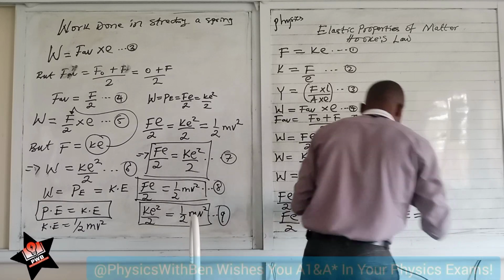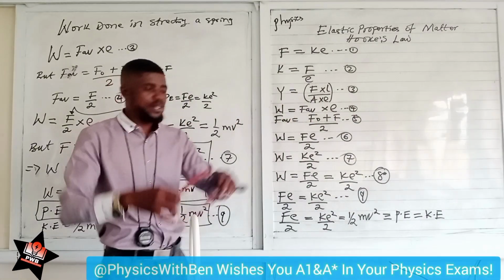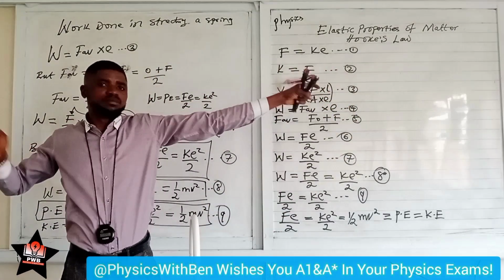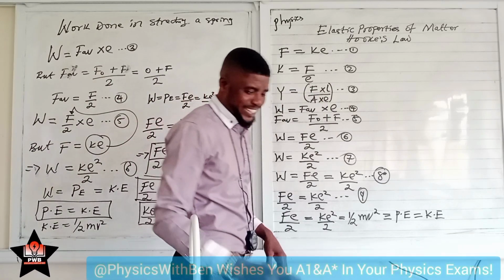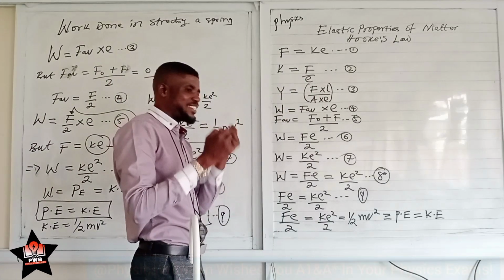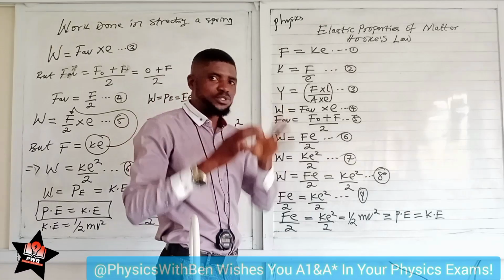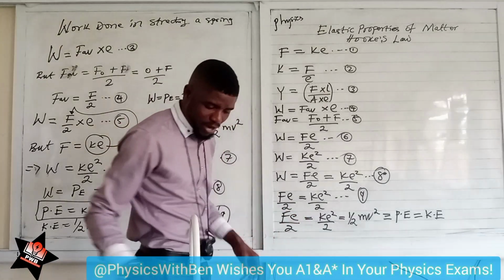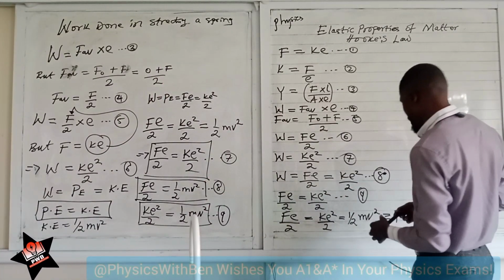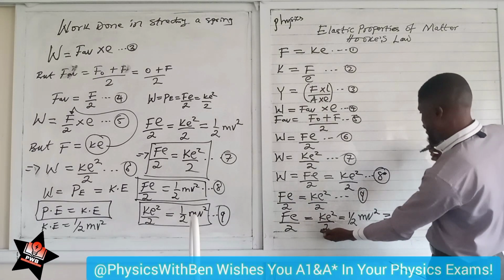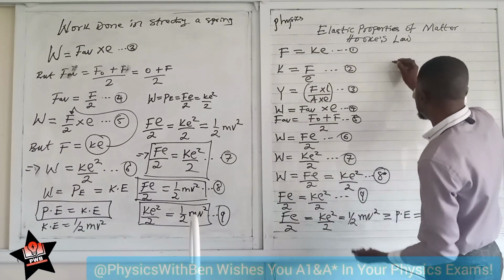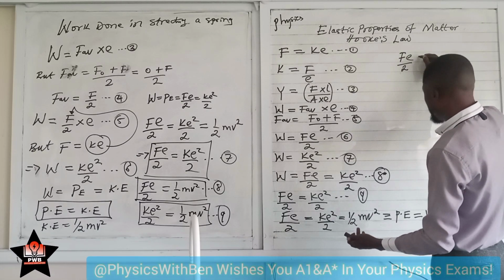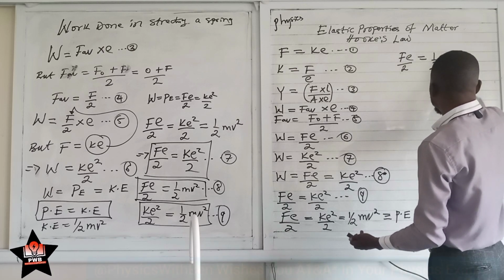We say that a stone of mass m was released from a catapult. Calculate the velocity of the stone, or the instantaneous velocity of the stone. This is the equation you are going to make use of. So from here we write that you have Fe all over 2 is equal to half mv squared.